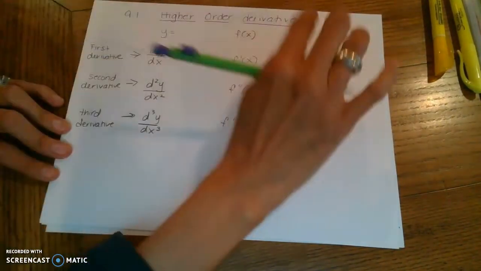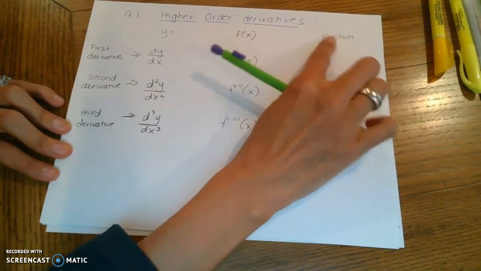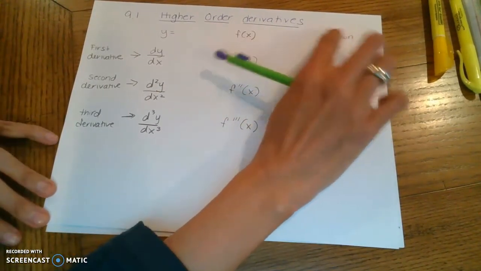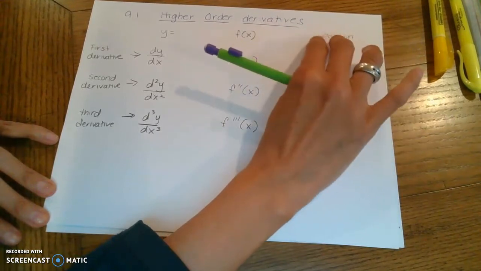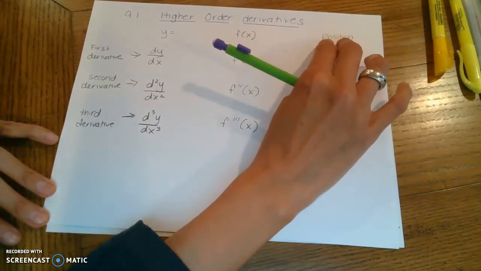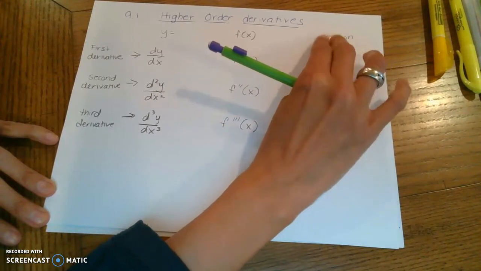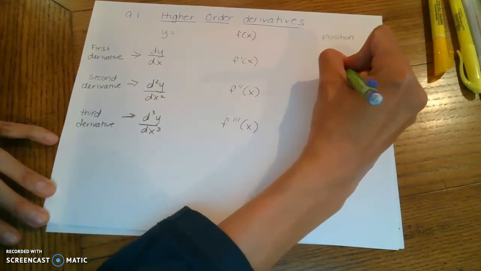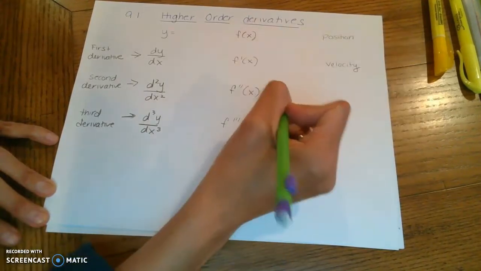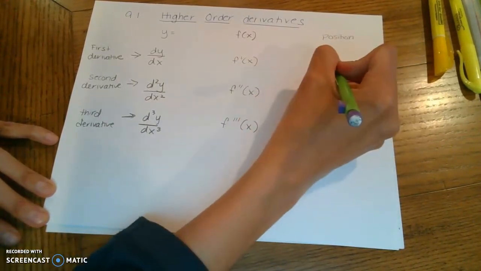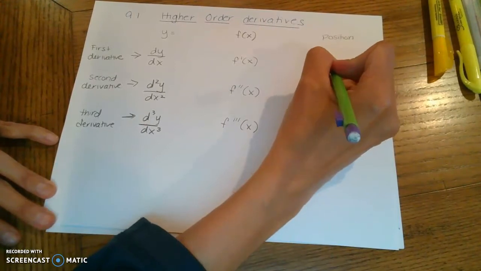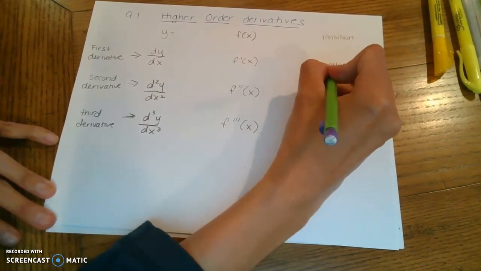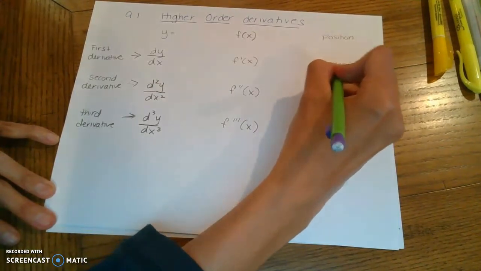But now if my position changes, or just even thinking about driving, if I say my position at a certain time is some formula, and I take the rate of change on position, that means my first derivative of position, my rate of change on position, is velocity. If you think about that, I'm going 55 miles per hour on the highway. That's a rate of change on my position. Now, what if I make a rate of change on this rate of change?